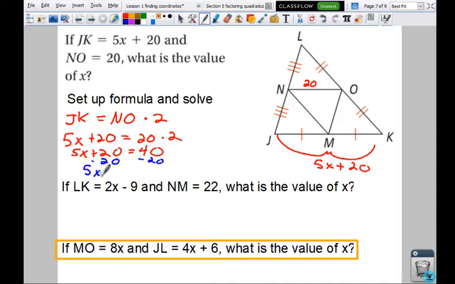We get 5x equals 20. What's our last step? Divided by 5. And what do we get? 4. Yep, we get x equals 4. So all we did was set it up using our formula. We filled in our actual numbers, and then we solved it. So it's just a big algebra problem.